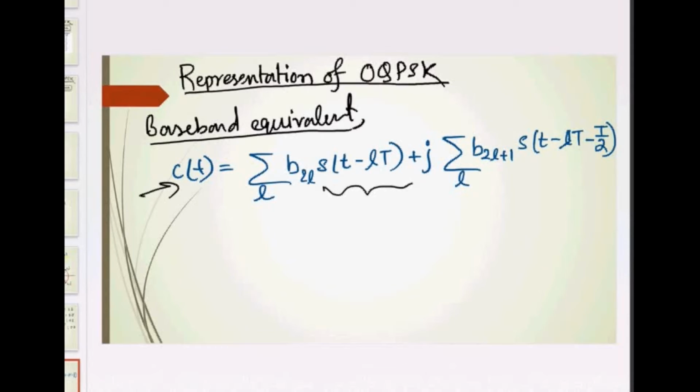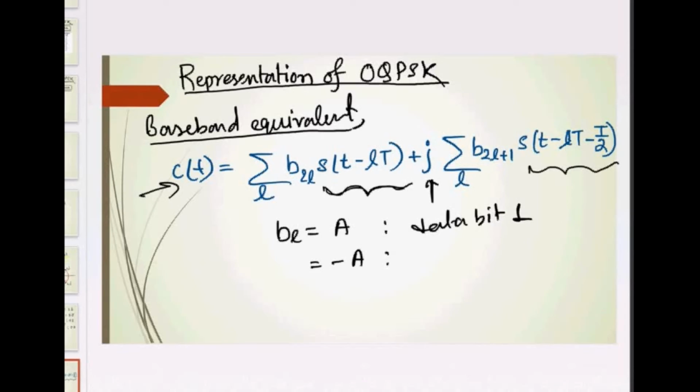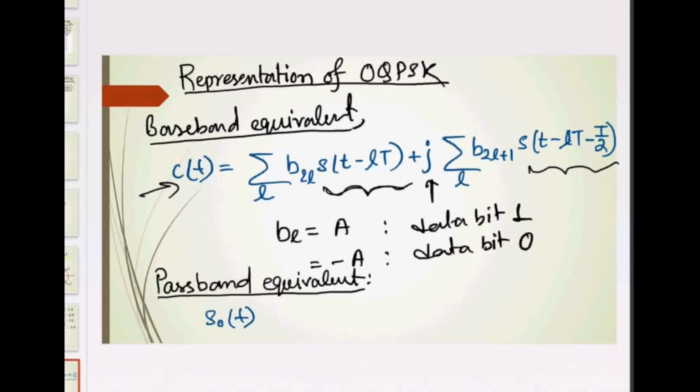Here one pulse shape is shifted by T by 2 seconds, then another. In this case we have already included this j phase term here. So this b_l could be plus A for the data bit 1, and it could be minus A for the data bit 0. Now for the passband equivalent, you have to just take the real part of c(t) e to the power j omega naught t.